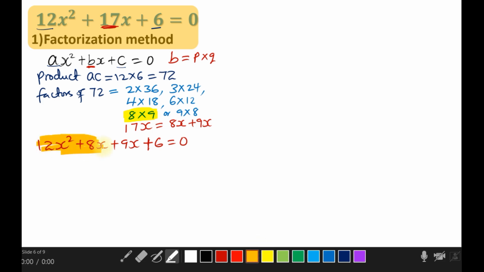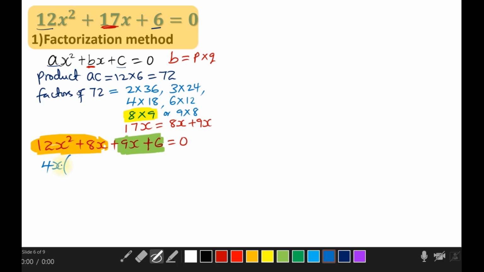Then from there, we take them into pairs, and then we factor out what is common. So 12x squared plus 8x, 4x is common.